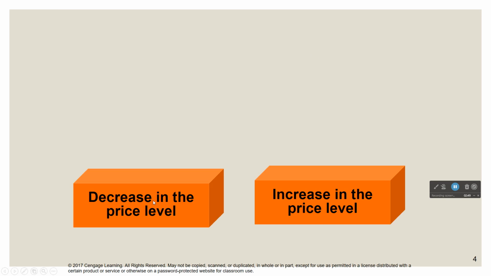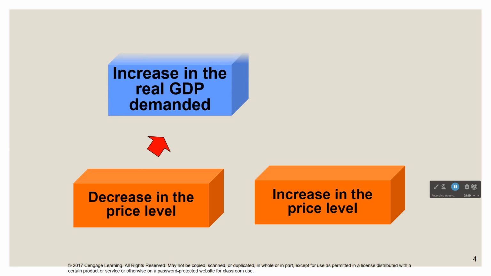Okay, now think about it. If you decrease the price level, will governments, foreigners, consumers, and businesses buy more or less output? And of course, the answer is they would increase their demand for real GDP, or the quantity that they demand.